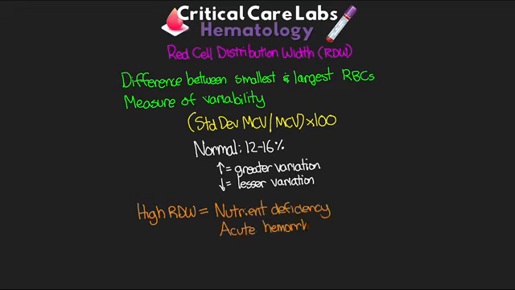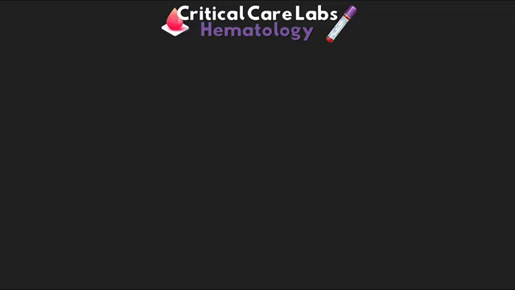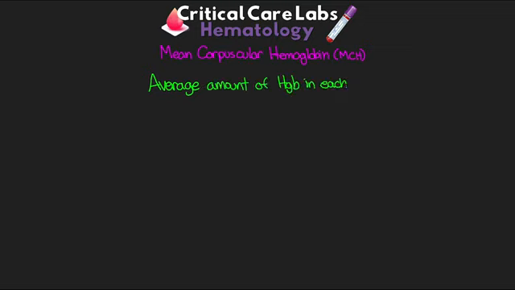Patients with a high RDW may have either a nutrient deficiency or some sort of acute hemorrhage. And then the last index that we're going to talk about is our mean corpuscular hemoglobin, or MCH, which also has a close relationship to the mean corpuscular hemoglobin concentration, the MCHC. Basically, our MCH measures the average amount of hemoglobin in each red blood cell.